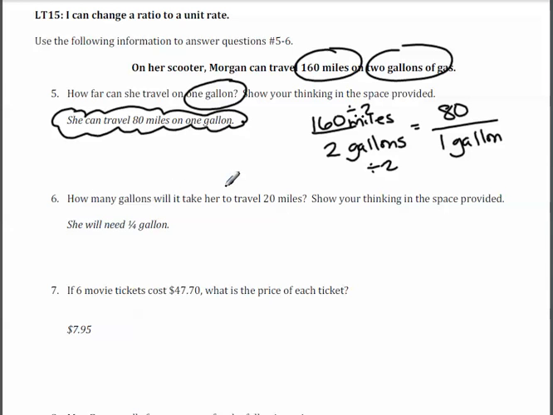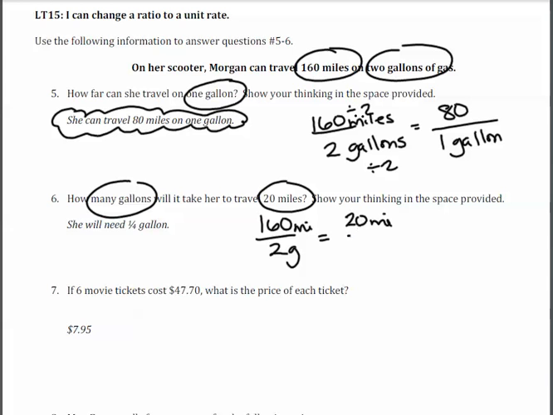How many gallons will it take her to travel 20 miles? So we are looking again at 160 miles out of 2 gallons, and we're setting this equal to 20 miles in the numerator. Remember, you have to have like labels in the numerators and the denominators.